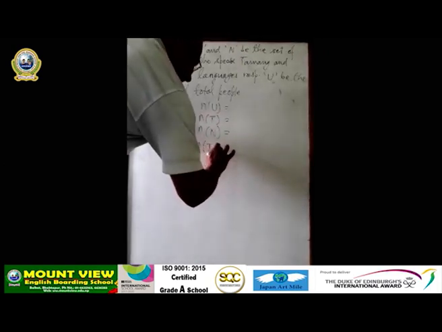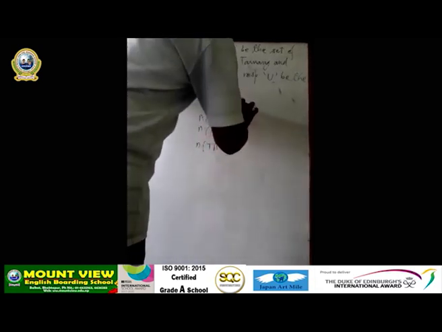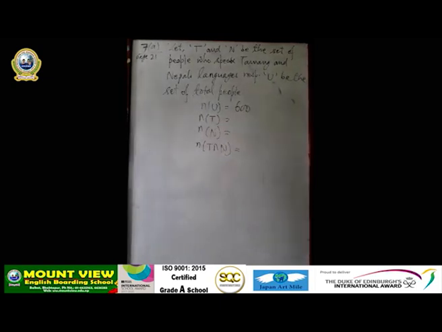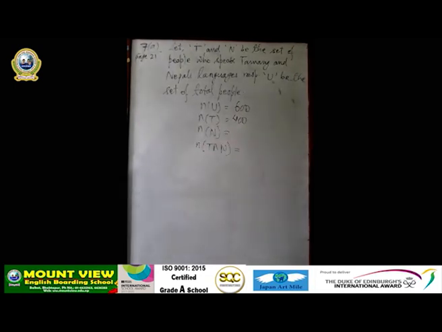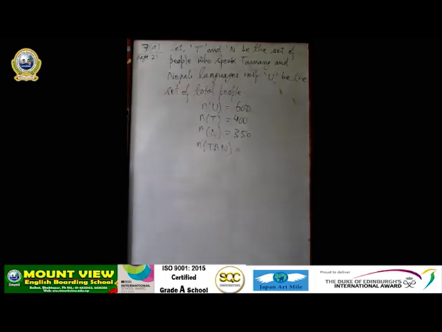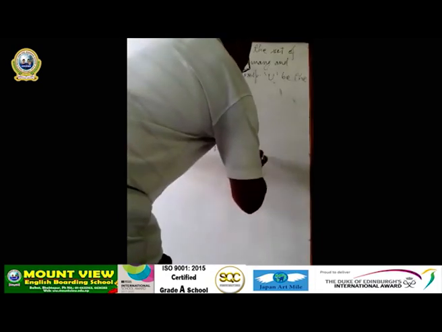After writing this much, let us write the symbols n(U), n(T), n(N), n(T intersection N). Look, first of all, what is the total? Total people in the survey is 600. And 400 said they can speak Tamang, 350 Nepali, and 200 both.